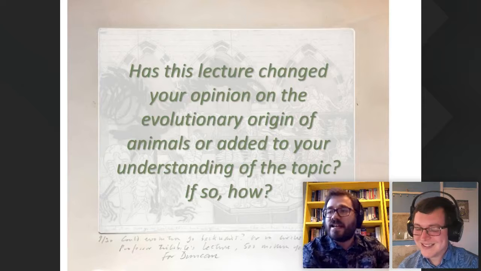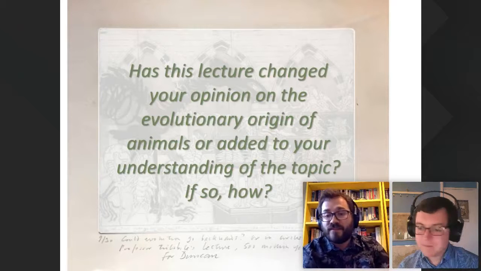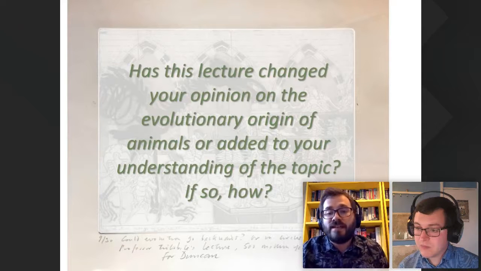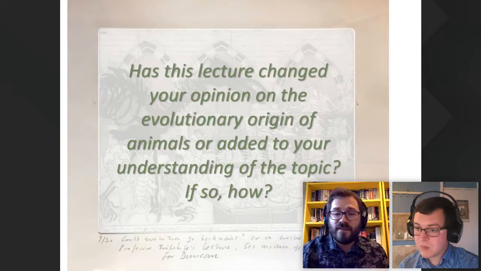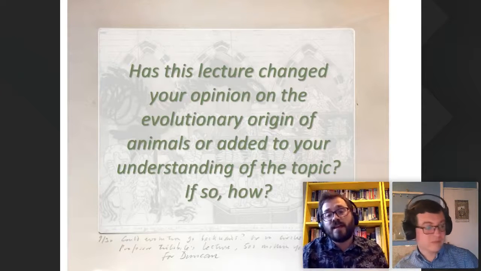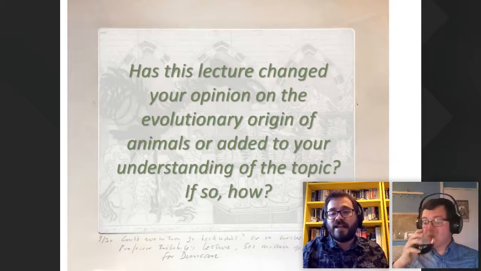Now I agree actually with my colleagues that the evidence for the oldest animals that we're sure we have is almost certainly among these Ediacaran creatures, things like Charnia. But as I said before, the molecules suggest that animals may go further back in time than that. So it really depends on how you want to define the question.